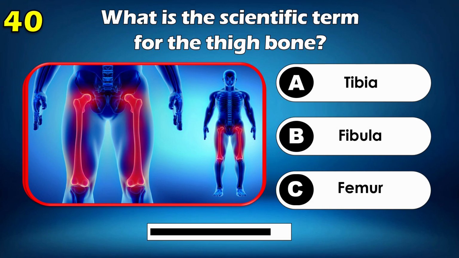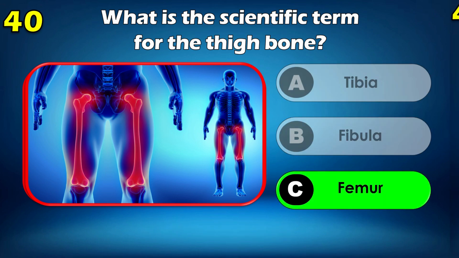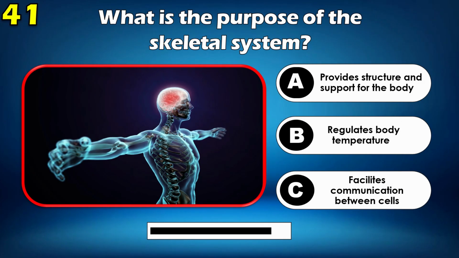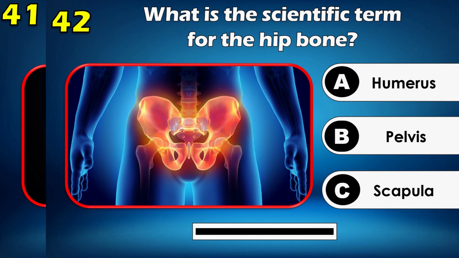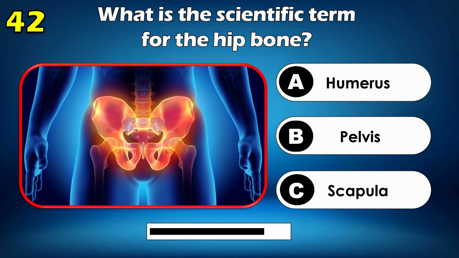What is the scientific term for the thigh bone? Femur. What is the purpose of the skeletal system? Provides structure and support for the body. What is the scientific term for the hip bone?